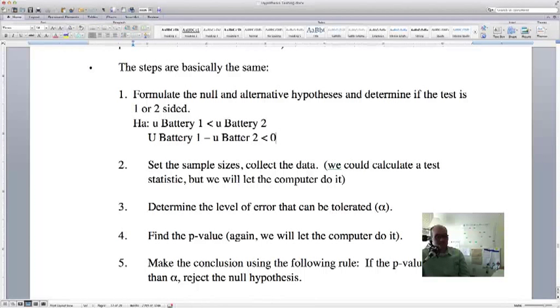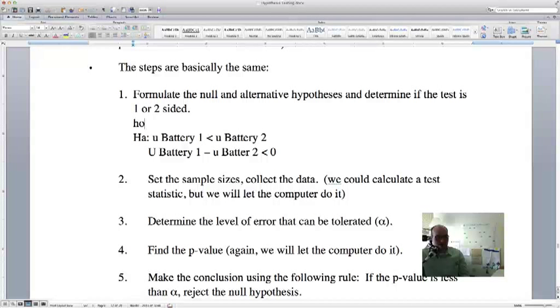Right? So if that's what we're trying to prove, then our null hypothesis would be something like, again, the mu of battery type 1 equals the mu of battery type 2, right? So that would be a null hypothesis. They're the same, there's no difference.